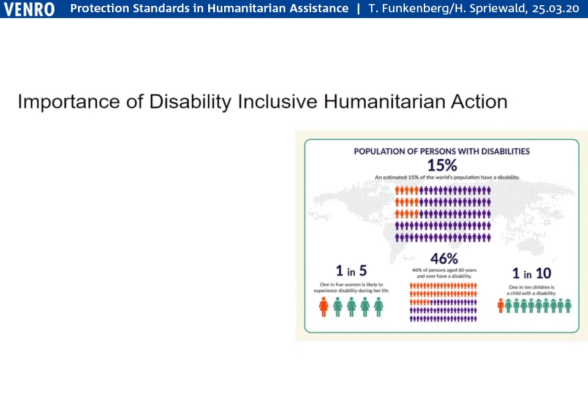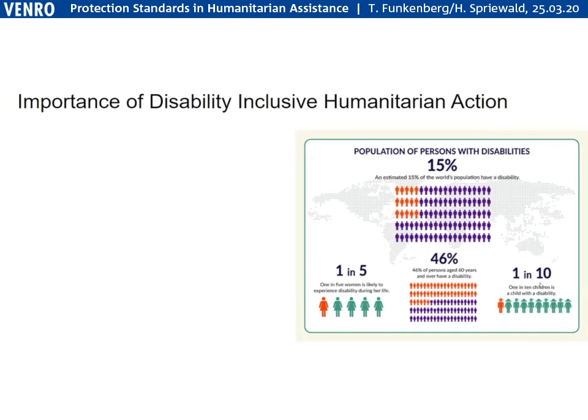The older a person gets, the more likely it is that a person is experiencing a disability. The younger a person is, the less likely it is, but still children with disability is a huge concern, especially from the protection angle.